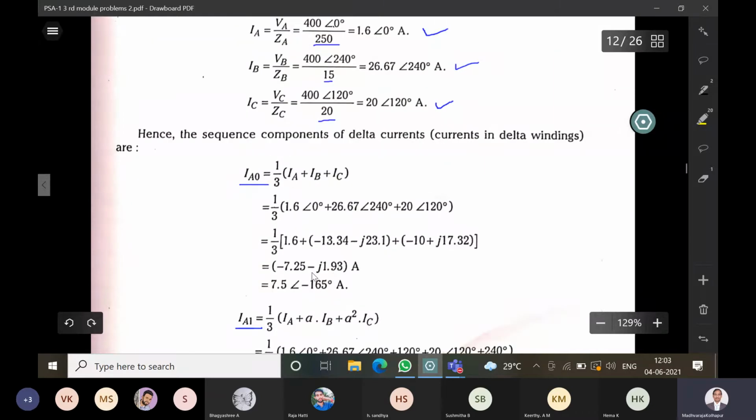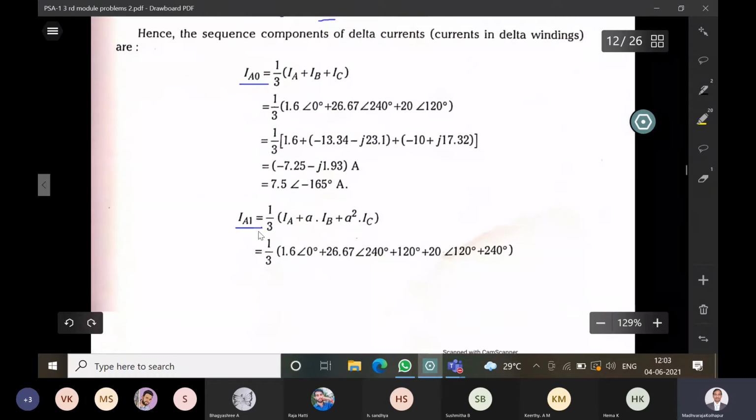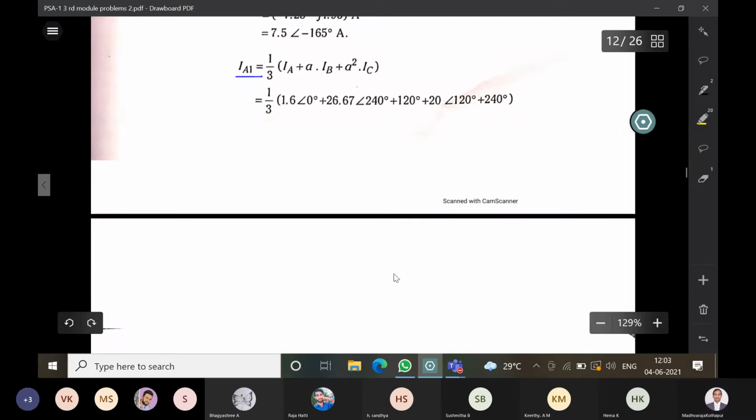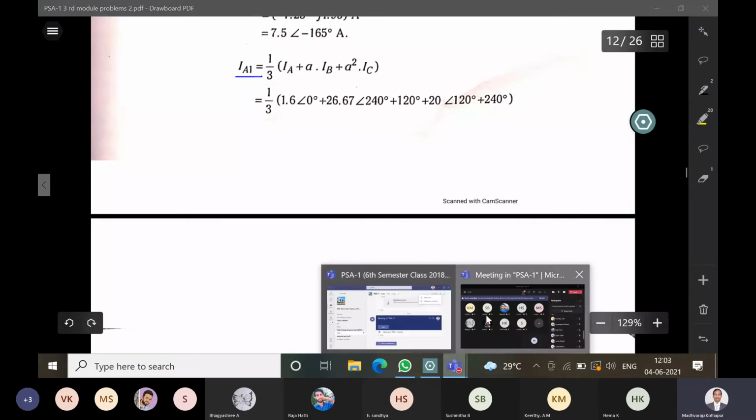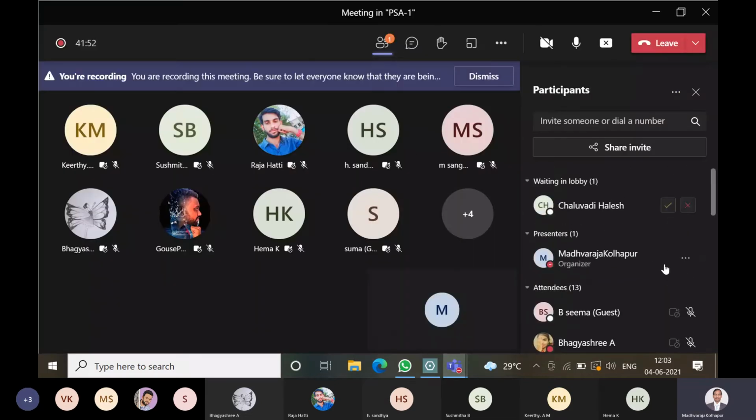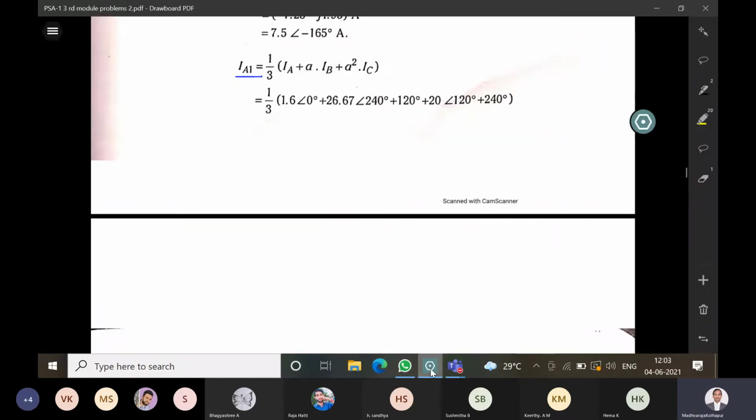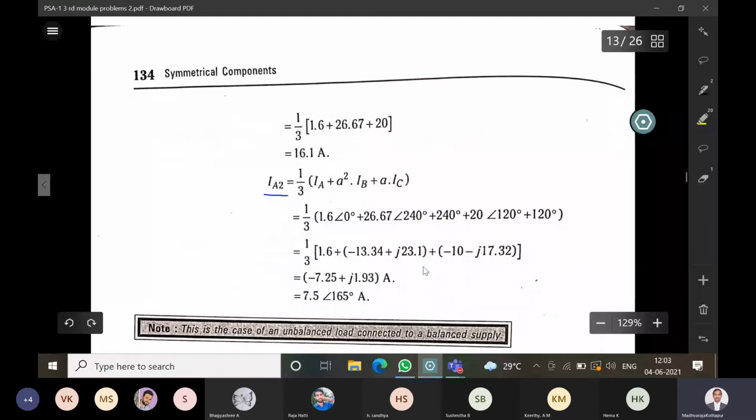Similarly, IA1 is equal to capital IA plus A into capital IB plus A square into capital IC. Similarly, IA2 is equal to capital IA plus A square IB plus A into IC. Do all these things.